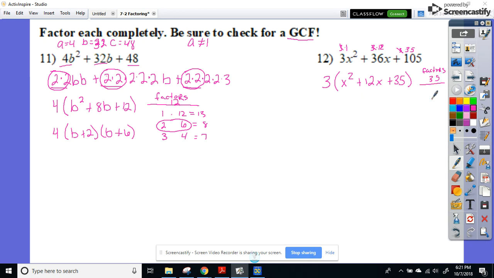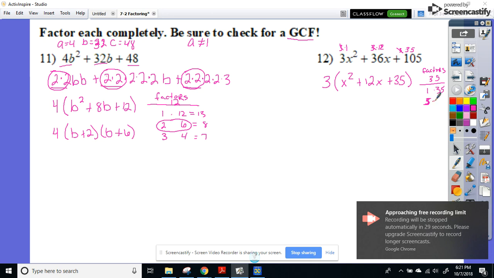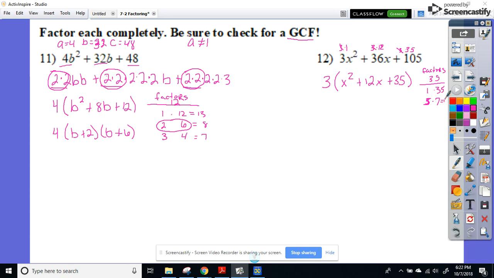Factors of 35, and that is 1 and 35. 3, nope, I don't think 3 will go in there. 5 will go in there. 5 times 7. And it looks like 5 times 7 is it, because if you combine those two together, you get 12. And again, I'll pick this one up right where I left off.